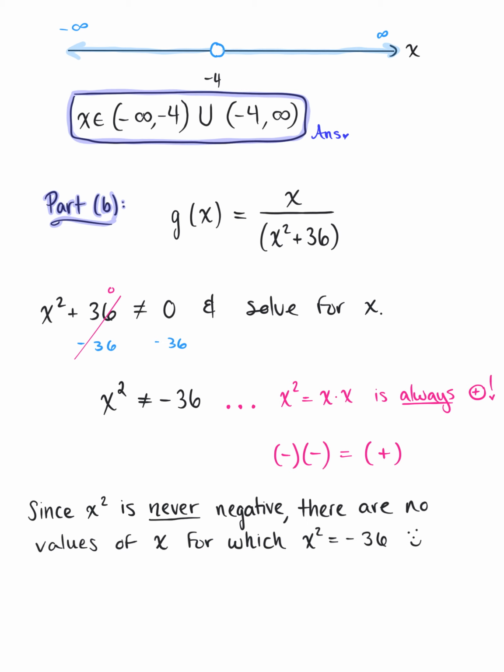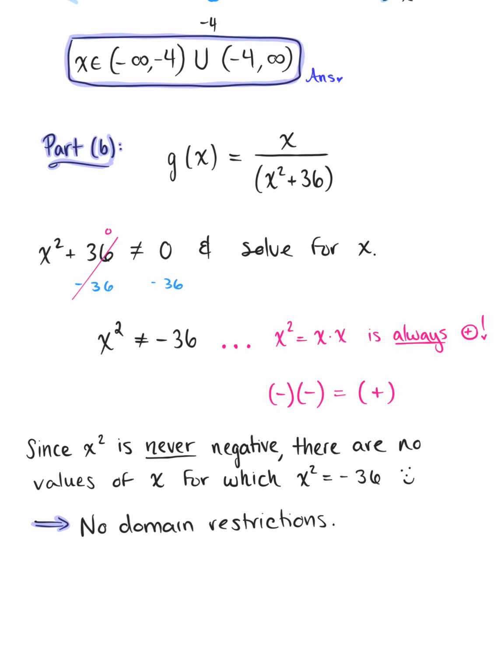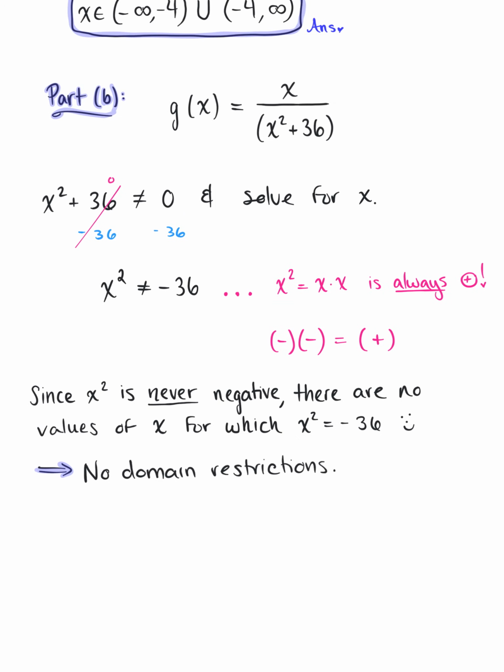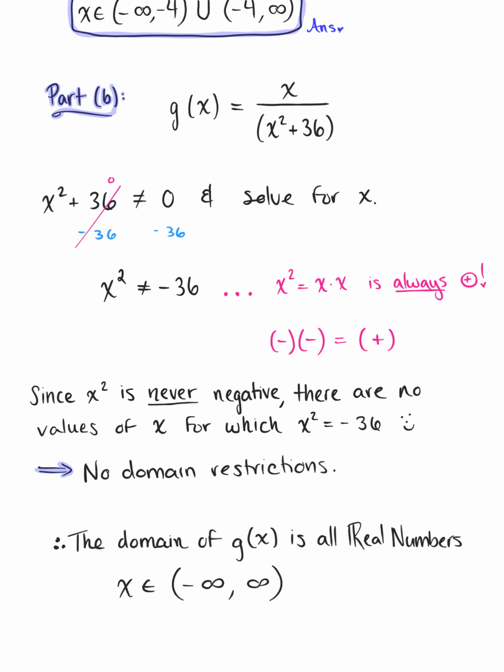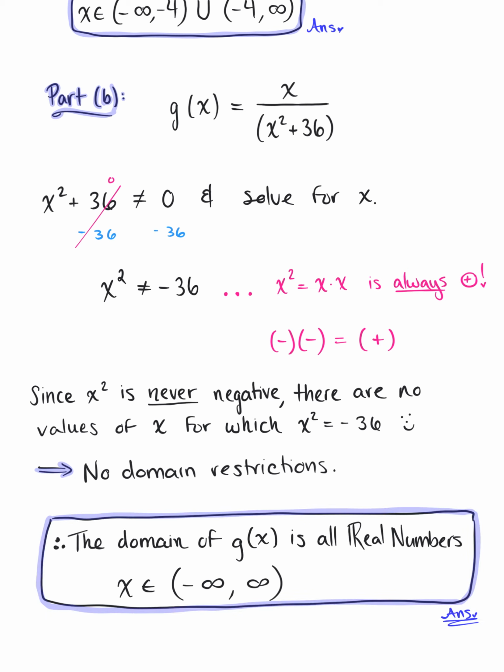So this means that there are no restrictions on the domain. So we can say that our domain for this function is the set of all reals. And in interval notation, we would say that x is an element of the interval from negative infinity to positive infinity, making this our beautiful final answer.